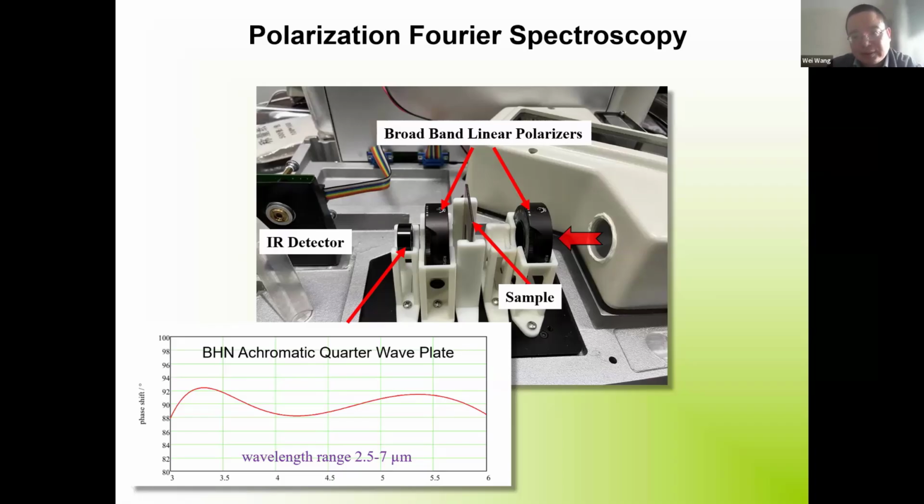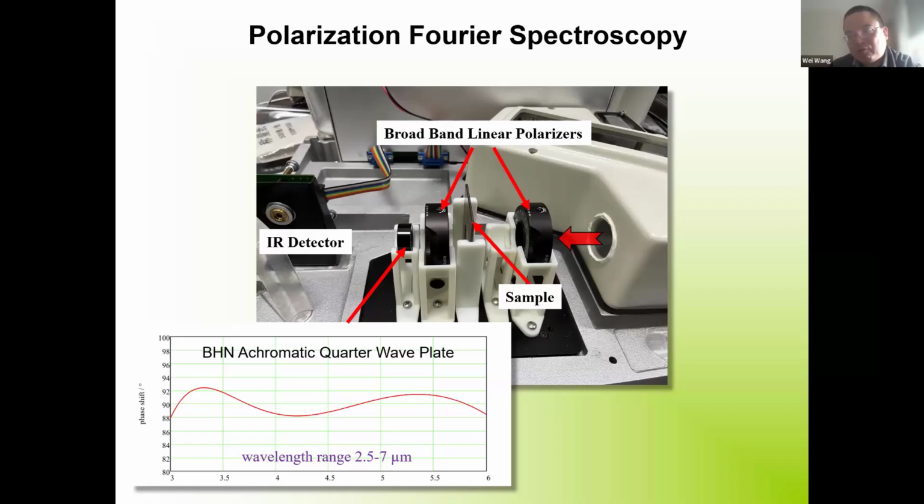The first two parts can be used to modify the polarization state of the incident beam. Here is the sample plane, and this is another set of polarizing filters for the detection of the Stokes parameters. And here at the end, we have the infrared detectors.